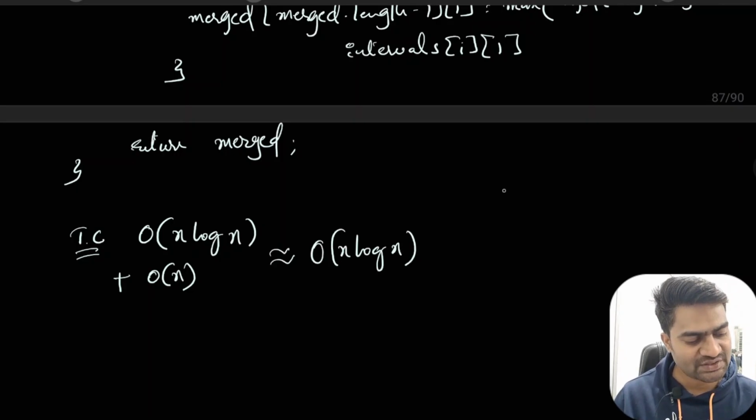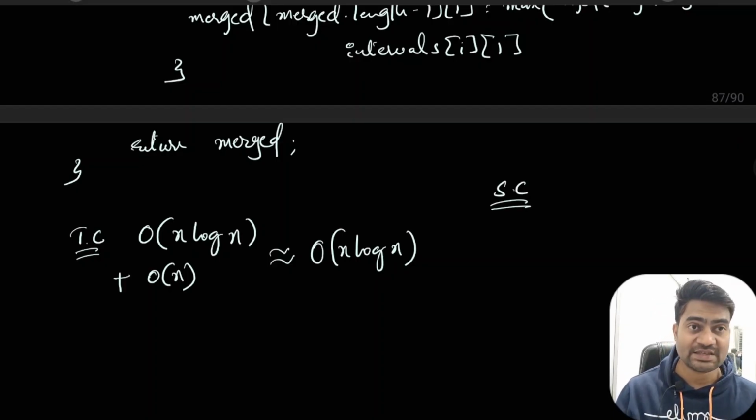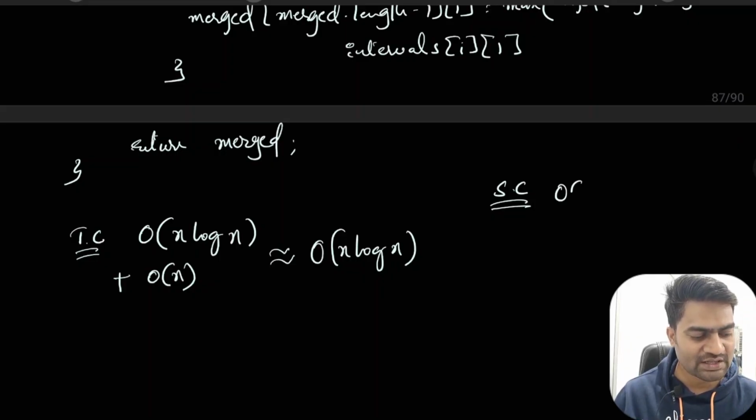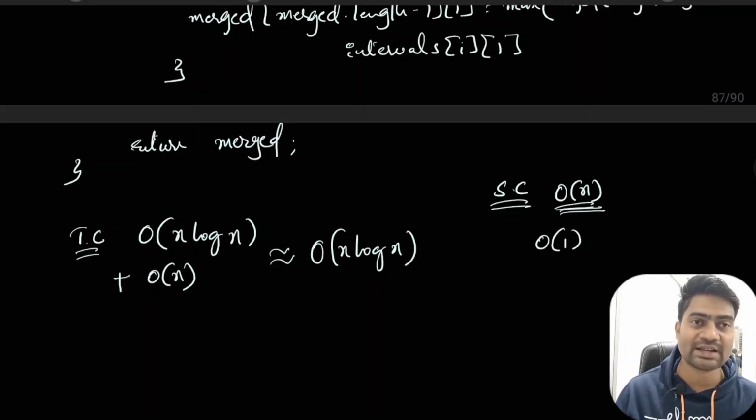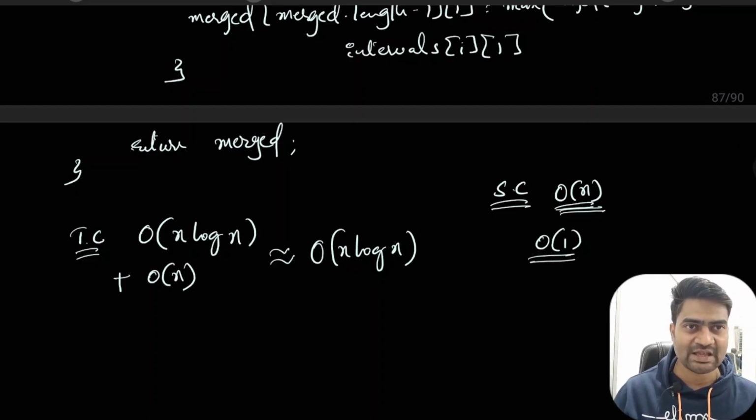And if you see the space complexity, we use extra space to merge the values, so it is of order n. But here we can also say it is order 1, because this order n is to store the answer. It is not really something extra we are using in between to process. So we can simply say it is of order 1.